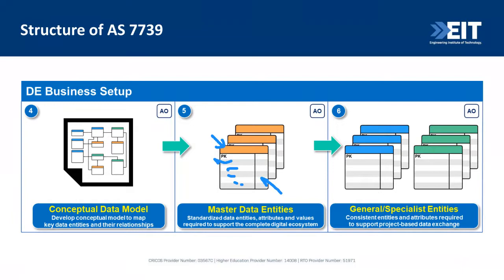After that, with the general and specialist entities phase, these consist of entities and also attributes required here to support project-based data exchange, and also so that this data can be easily exchangeable.